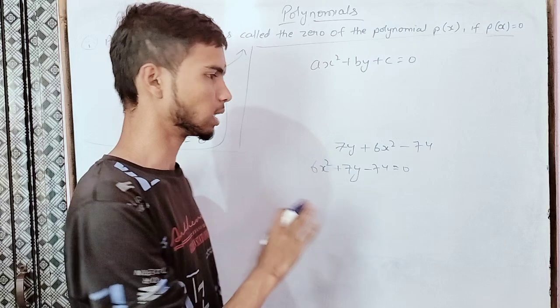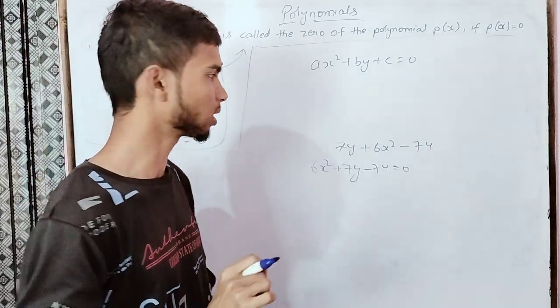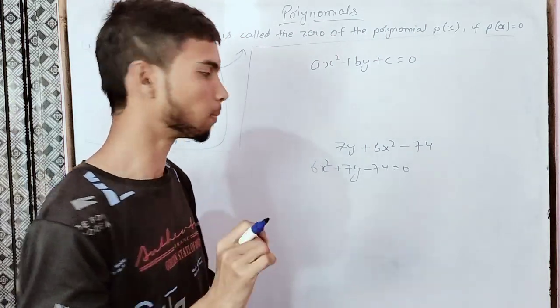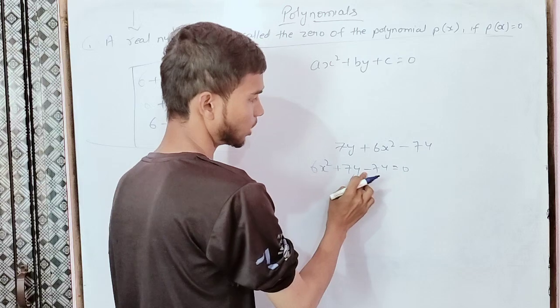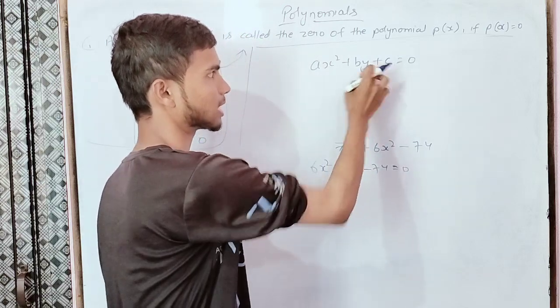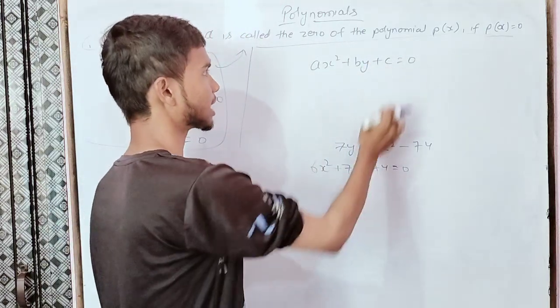Now this is still not complete. What is left is that this is minus and this is plus.